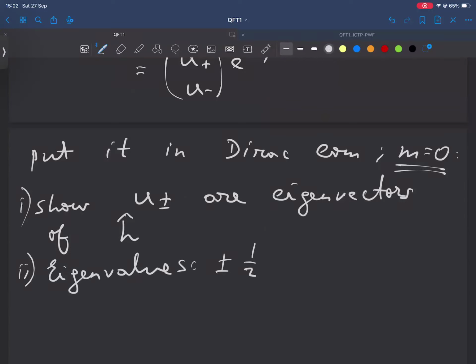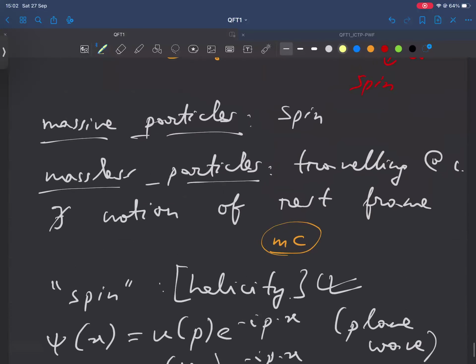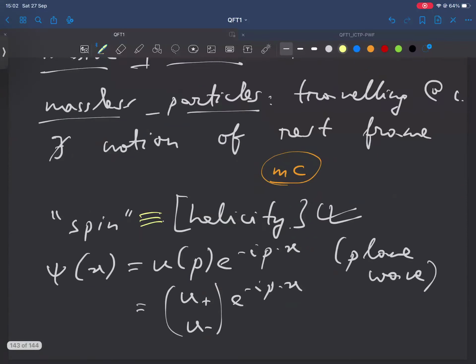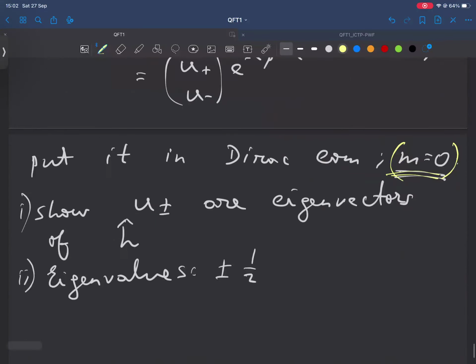So in some sense we are already seeing the structure of spin emerging, but there was a key thing: I had to set m to 0. And why did that make sense? Because only when we set m to 0, the spin for the massless particle is nothing but its helicity. Hence, only when you set m to 0 do these u plus minus become eigenvectors of this helicity operator, giving eigenvalues plus minus half.